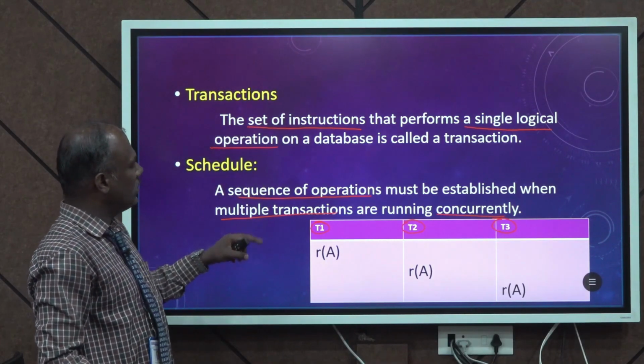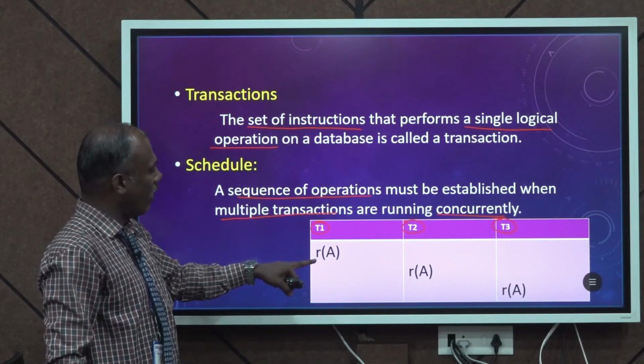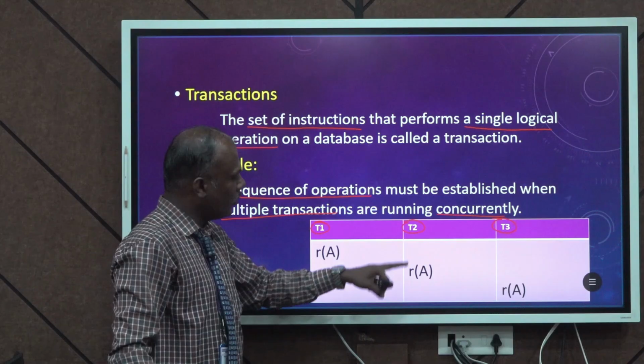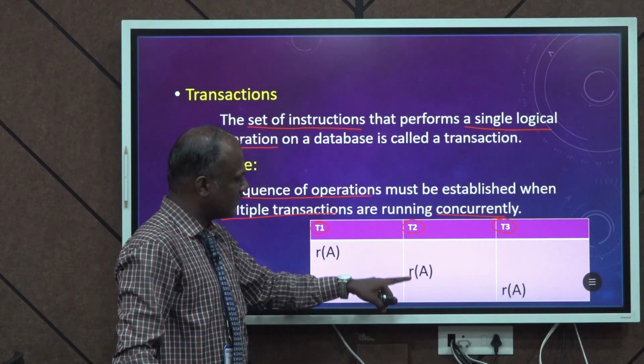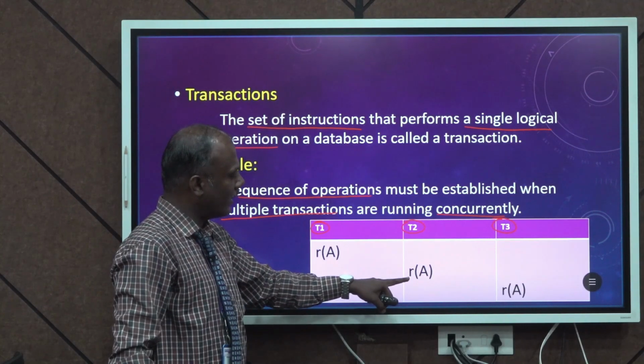Here the schedule is as follows: first the T1 transaction is executed with a read operation for the data item A, and the T2 transaction is executed for the data item A with a read operation.